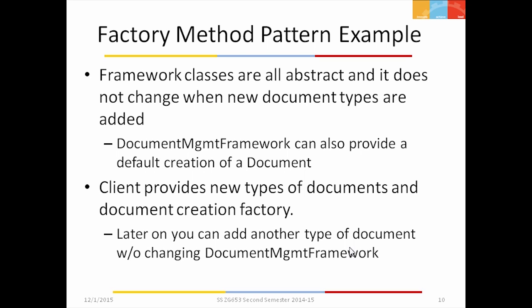So the client keeps supplying new types of document and new types of document creation factory, and as they are supplied, they can nicely fit into these framework classes. Document management framework is not really getting changed. It is fixed. It won't be impacted.